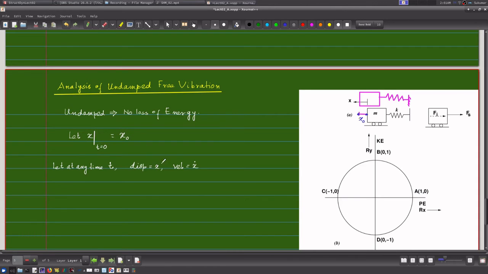Because there is no damper, there is no energy dissipation or energy loss during the whole vibration, and therefore my total energy during the vibration must be remaining constant. So I can say that total energy Te is constant.